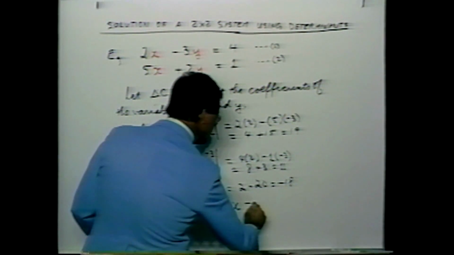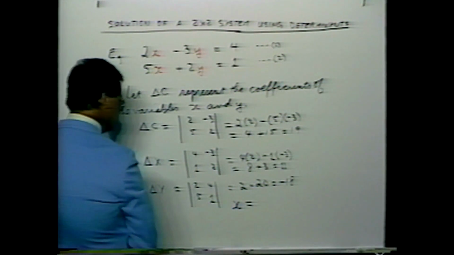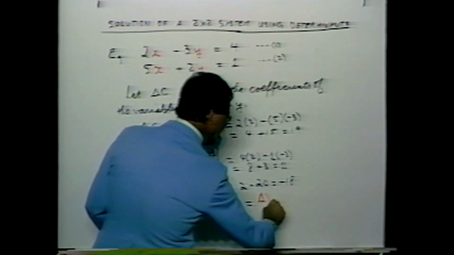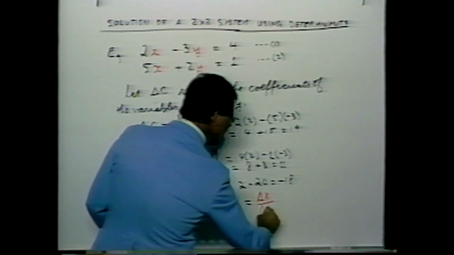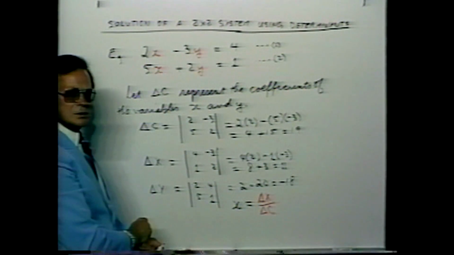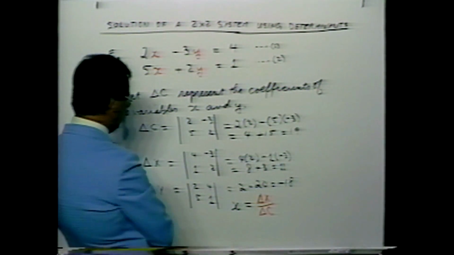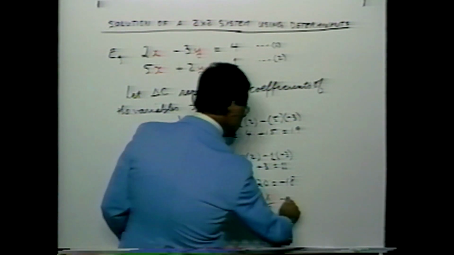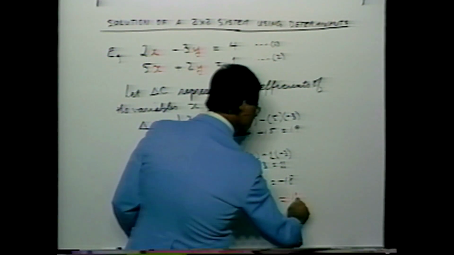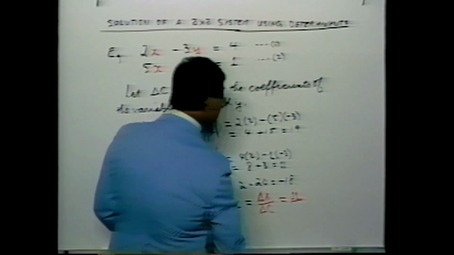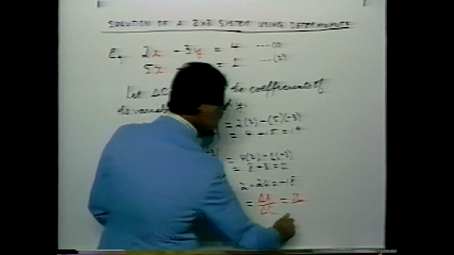Now, the solution to the system is the following. X is the value of delta x over delta C. That's the solution for x. Delta x is 11, and delta C is 19.